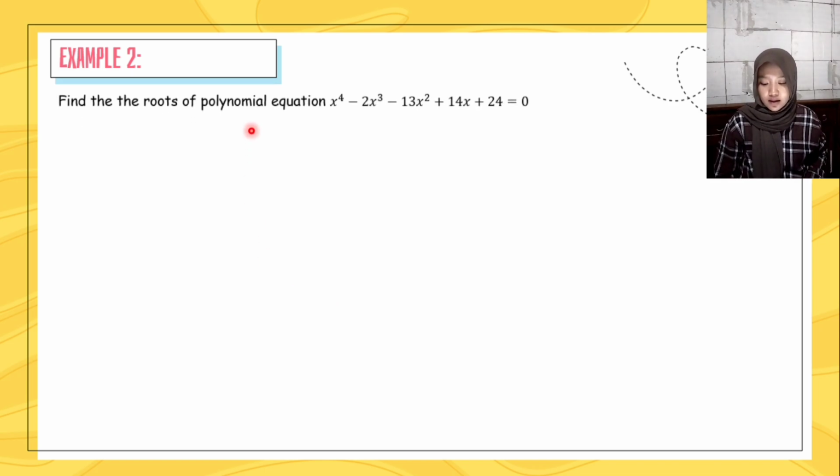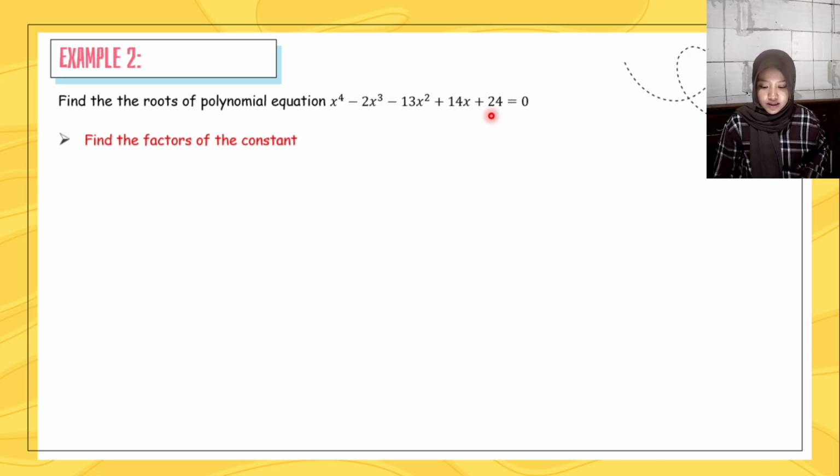Next, example 2. Find the roots of the polynomial equation x to the power of 4 minus 2x cubed minus 13x squared plus 14x plus 24 equals 0.